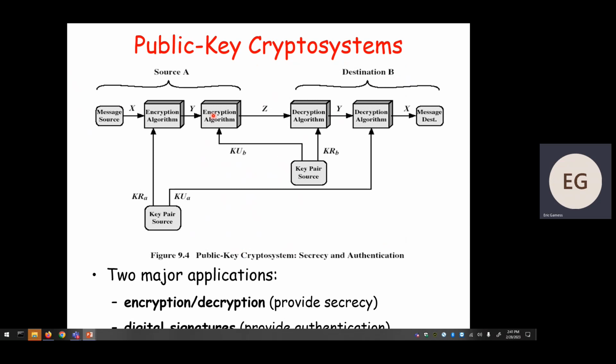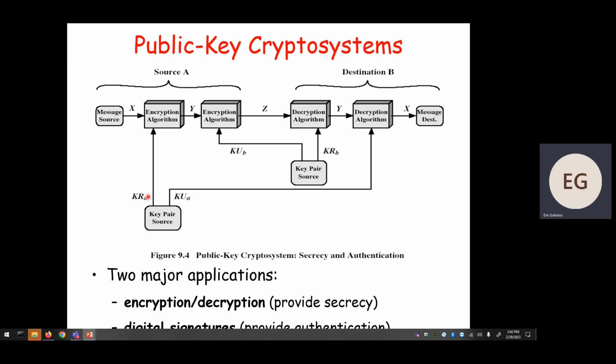So let's see this. Here we have Alice, and here we have Bob, and Alice wants to send a message to Bob. Alice has a private key, KR, K for key, R for private, the second letter of private. And Alice has a public key, KU, K for key, U for public, the second letter of public.